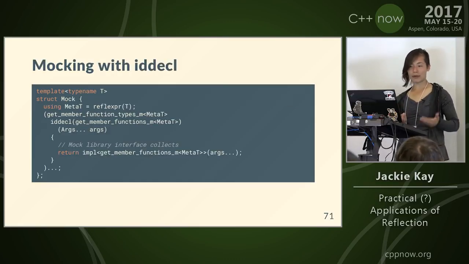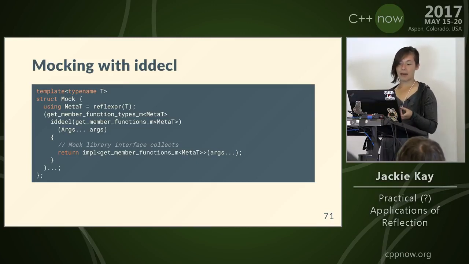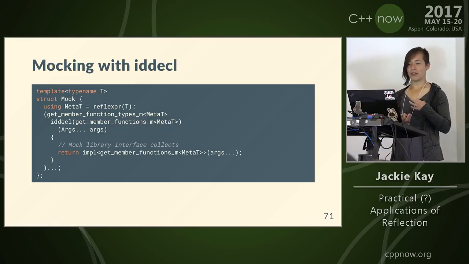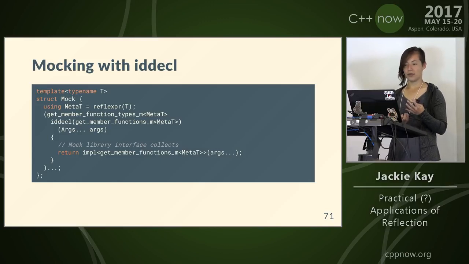As has come up frequently, you can implement mocking with this. So you would need some kind of map from the requirements of your mocking interface, and you could declare a set of member functions with the same name and the same signature.